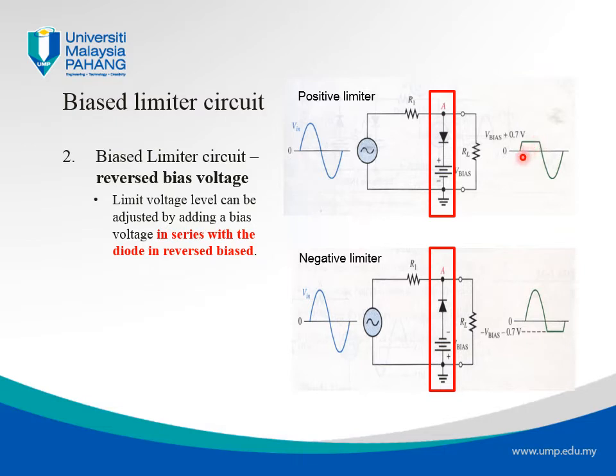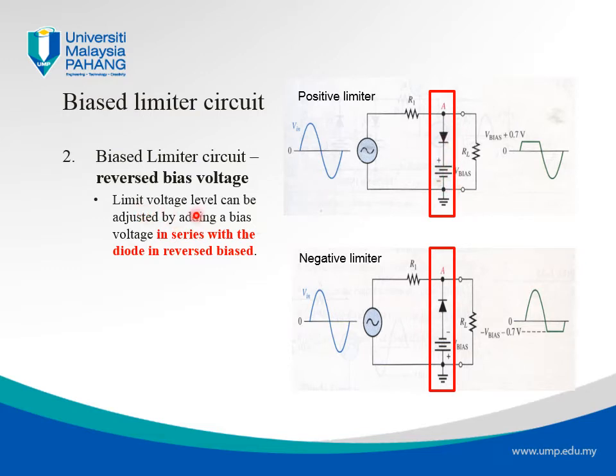For example, if we didn't add any bias, the clipped or limited part would be just at the value of the diode voltage, which is 0.7. But if we want to increase that clipped or limited value, we just add a bias in series, basically a voltage in series with the diode, right?